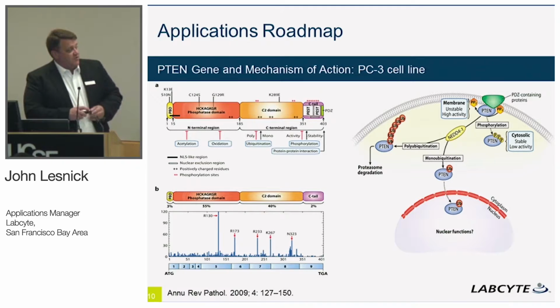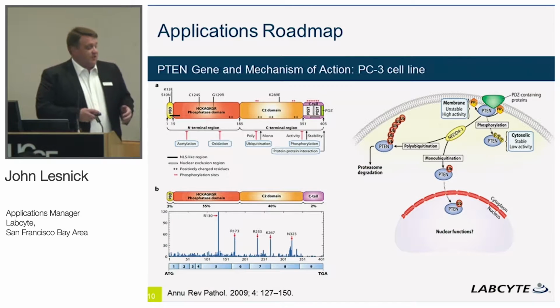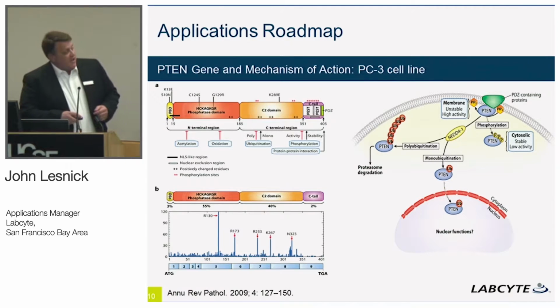What's happening here in terms of its role is P10 is essentially a negative regulator of PI3K. It dephosphorylates PIP3 back to PIP2, so it's no longer active to turn AKT on. In this case, you're seeing how one mechanism is ubiquitinated. It's set up for degradation. It can be translocated to the nucleus, or it can just be unstable.